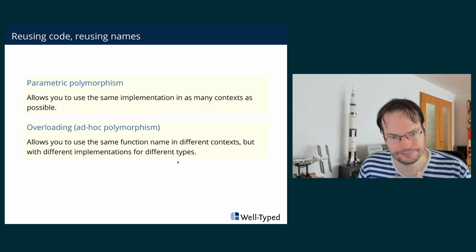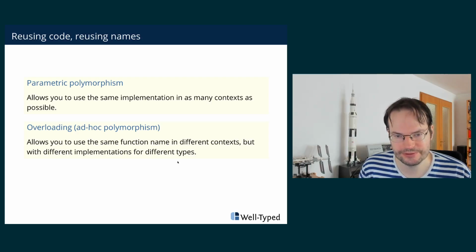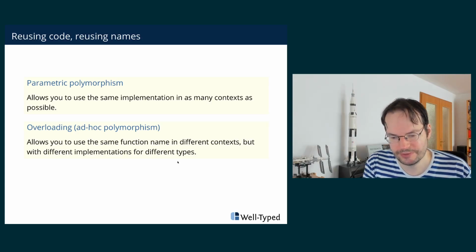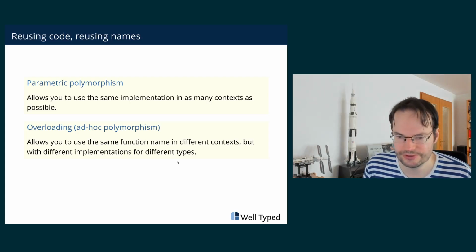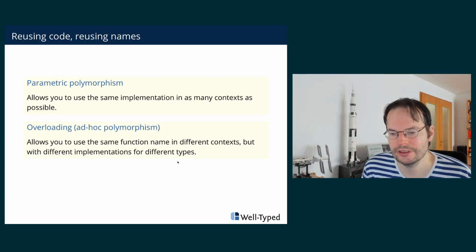So one important aspect of overloading is just about reusing names, so that, for example, we have different implementations of what it means for two values to be equal for, say, integers or strings. Right?